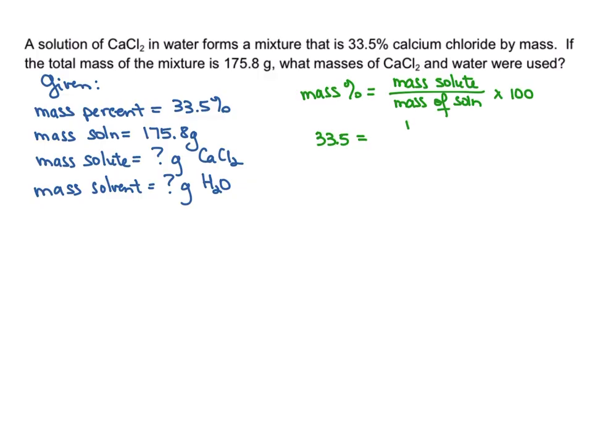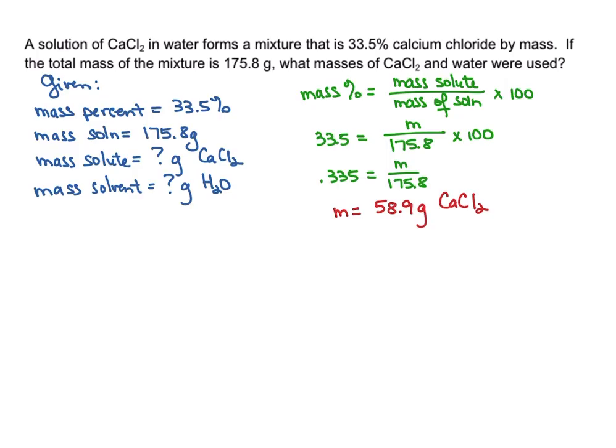I don't have the mass of the solute, but I do have the mass of the solution. I'm going to divide by 100 on both sides. And now I can go ahead and solve for m. M is equal to 58.9 grams, and it's the mass of the solute, so I just really solved for the mass of the calcium chloride.